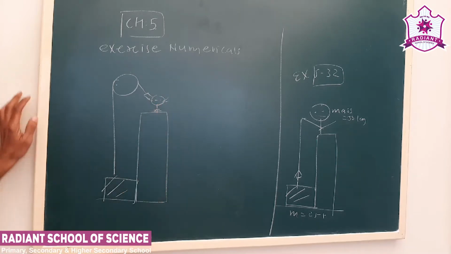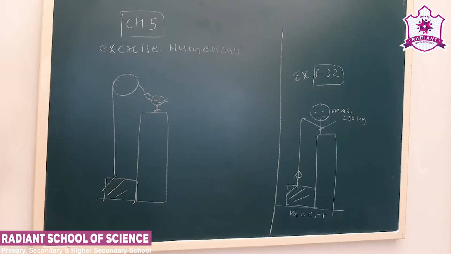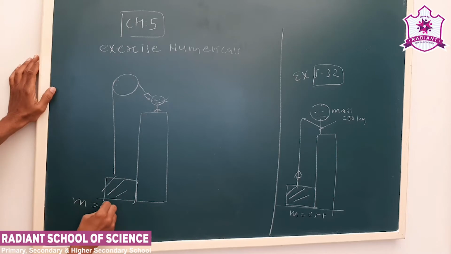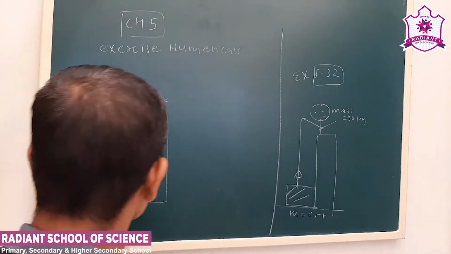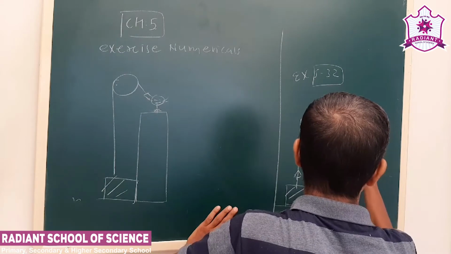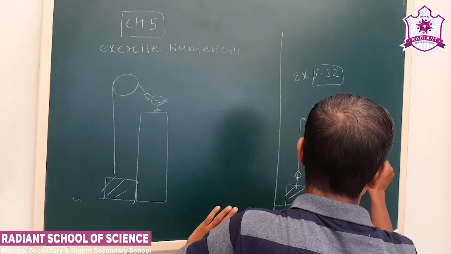So in which case do we have to apply more force? Now in the first case, the mass of the block is 25 kg. Weight is mg.